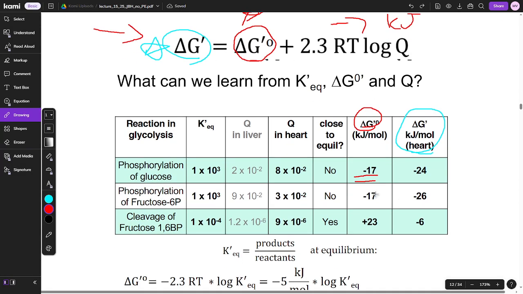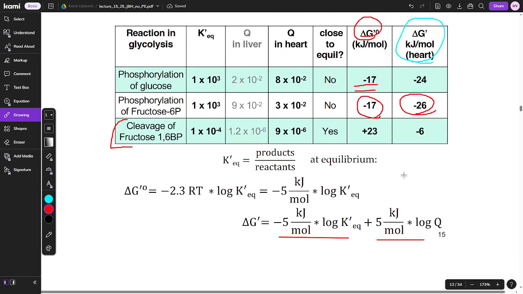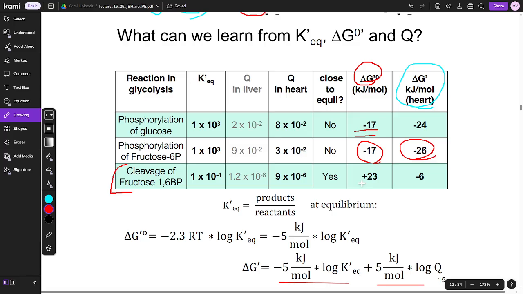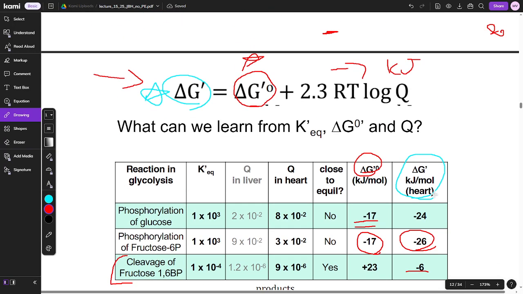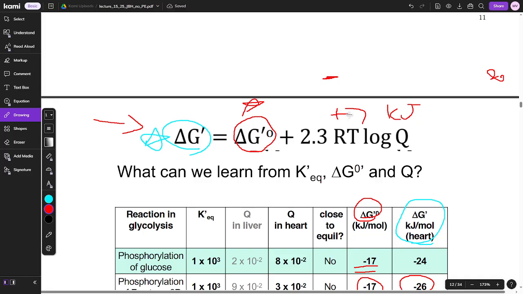Same thing with this reaction here, -17, -26. The only weird one here is the cleavage of fructose 1,6-bisphosphate, which is going from +23 to -6. So we're actually gaining like +17 here.